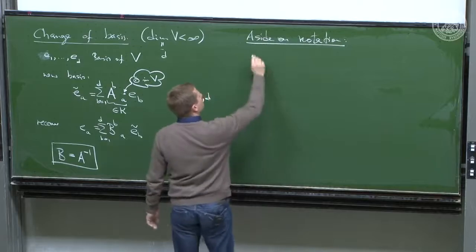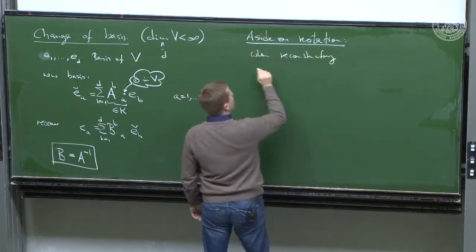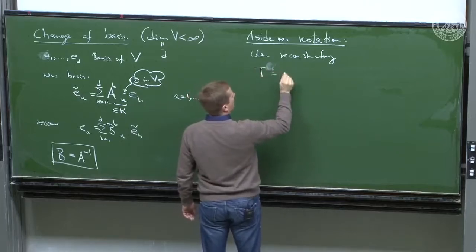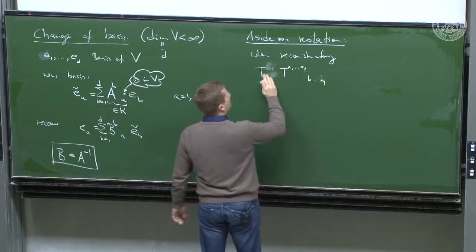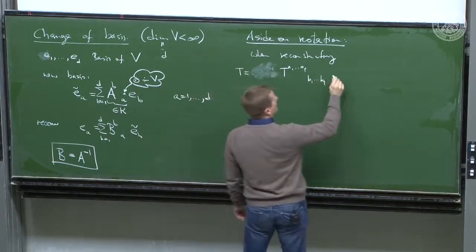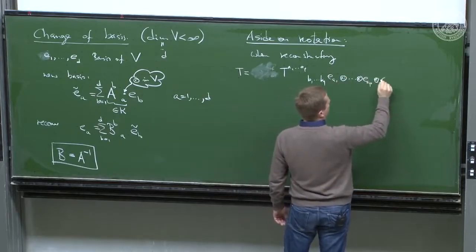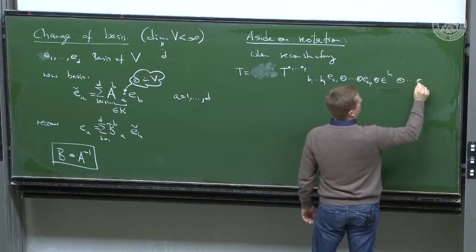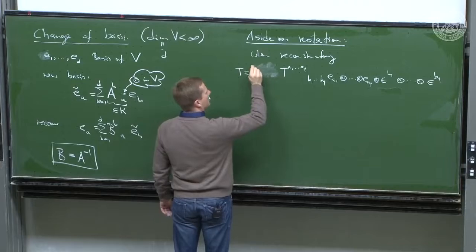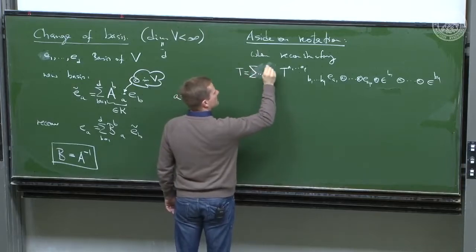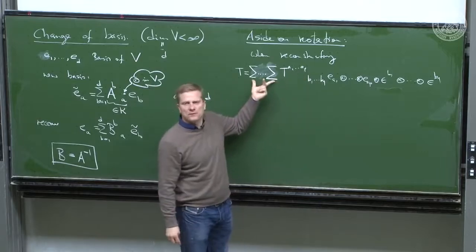As we saw before, when reconstructing T as T with indices A1 to AP, B1 to BQ, I wrote E_A1 tensor ... tensor E_AP tensor epsilon B1 tensor ... epsilon BQ. Actually, what I forgot over there, but that's something I will from now on systematically forget, is a succession of P plus Q sum symbols.